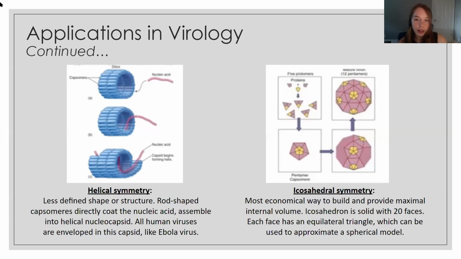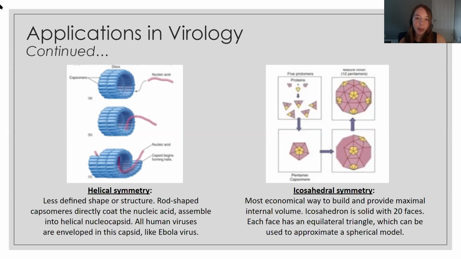Okay. Here you can see 2 examples of both helical and icosahedral structures for viruses. The first one is a helical virus capsid, and as you can see, they have less volume for containing the RNA and the DNA inside of it, whereas the icosahedral structure allows for the maximal internal volume and is the most efficient way to construct the viral capsid space-wise.